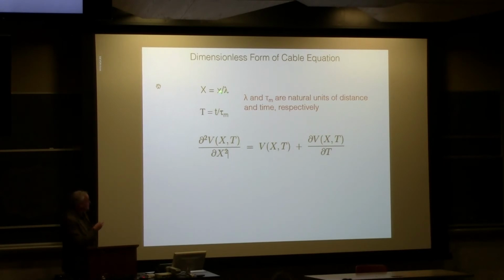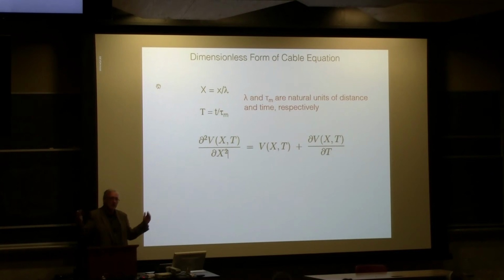So whatever the physical length of a piece of membrane is, you give me Rm, Ri, Cm, and the diameter of that cable, I can calculate the space constant, and I'm going to express its length in this dimensionless variable we'll call capital X. That's its electrotonic length. Length in units of space constant.